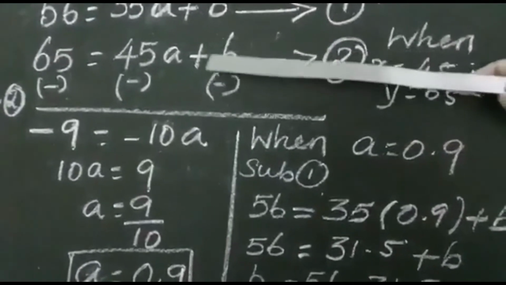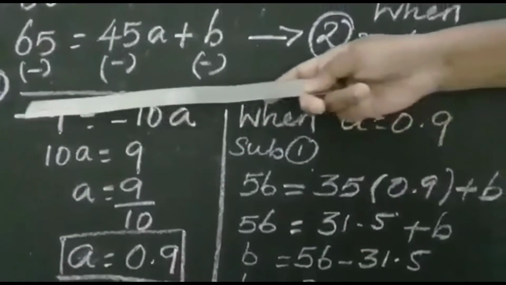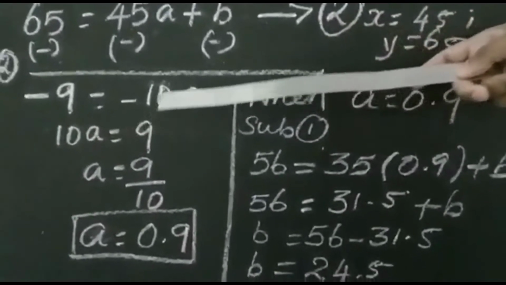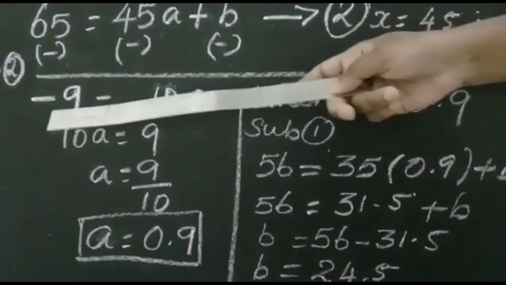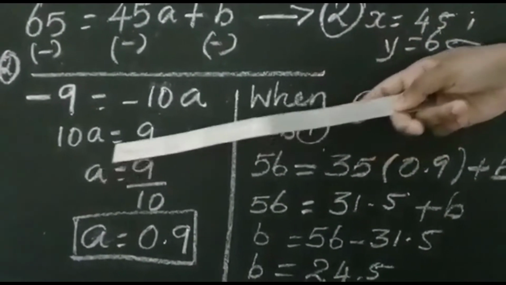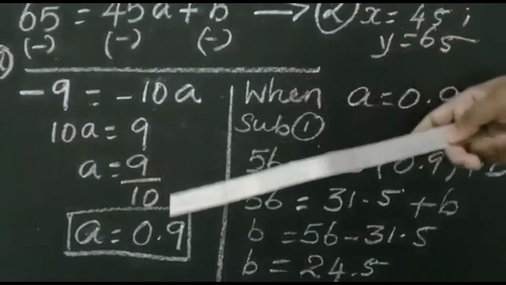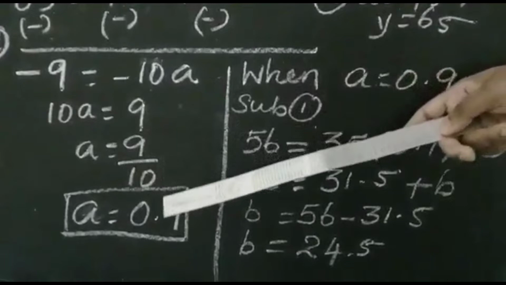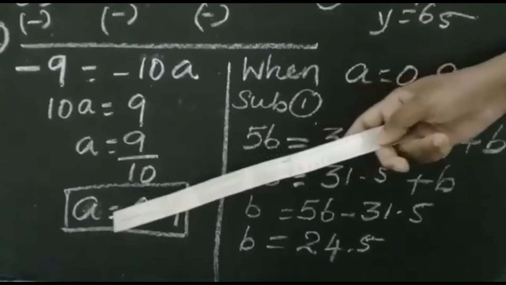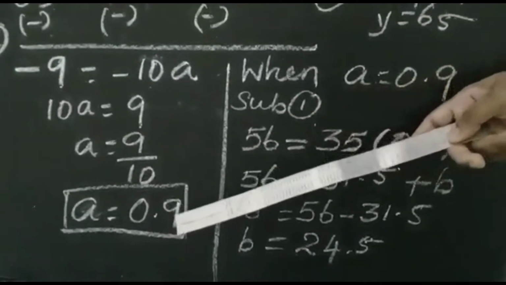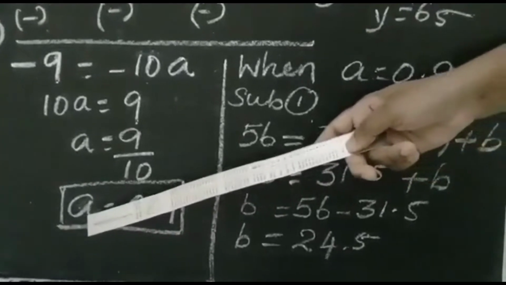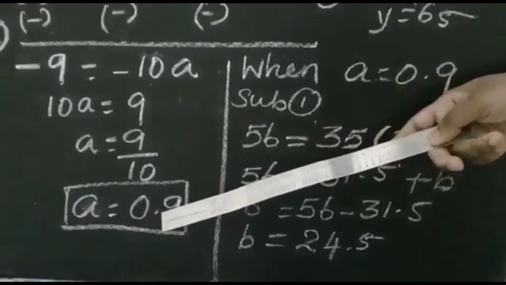Here plus b minus b cancel. Minus 10a equals minus 9, so the minus signs cancel. 10a equals 9, so what is the a value? a equals 9 divided by 10. The decimal form is a equals 0.9. So you got the a value, a equals 0.9.